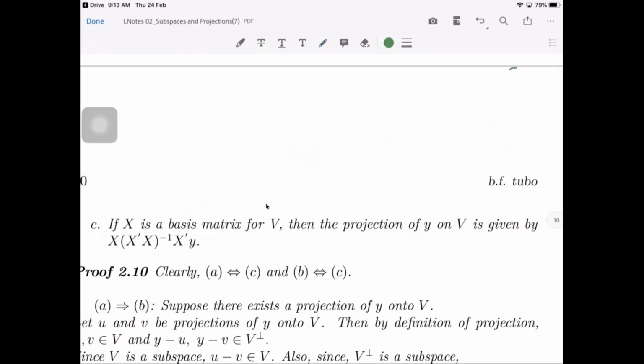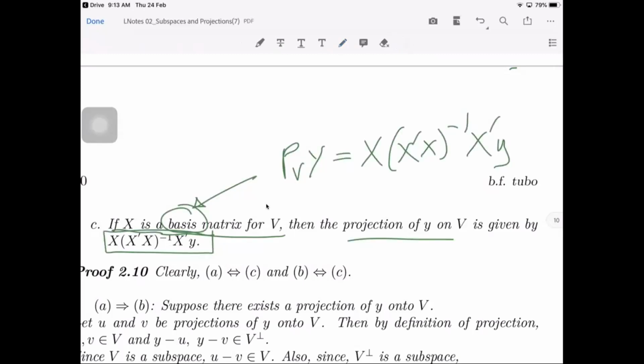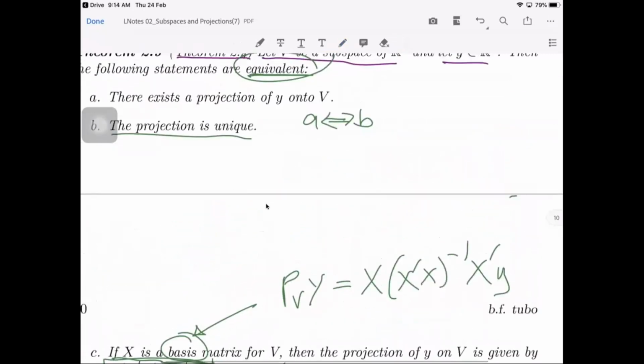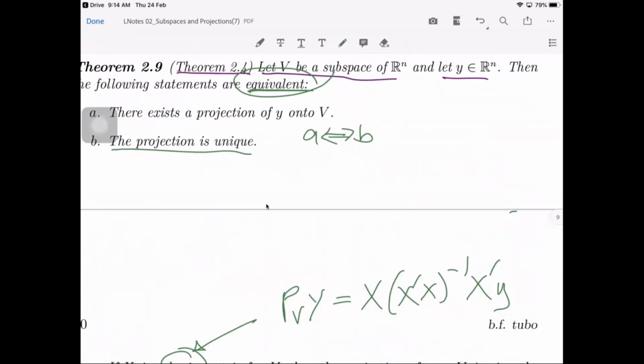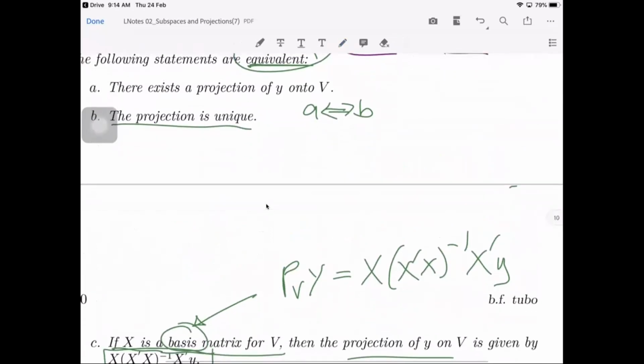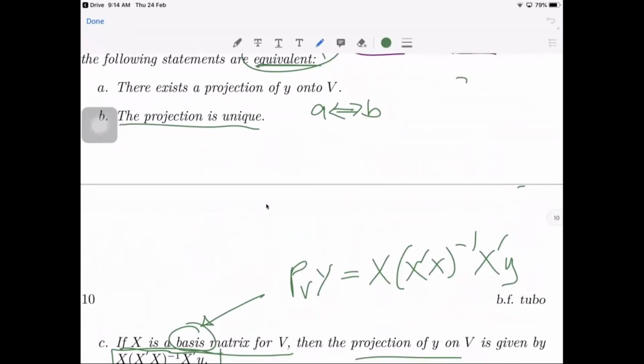That's the projection of Y onto V. If we relate it to statements A and B, if you have a basis matrix and the projection is X (X'X)^{-1} X'Y, then it means that this projection is unique. Of course, there exists a projection. So in the 6 implications among A, B, and C, some relations are clear.